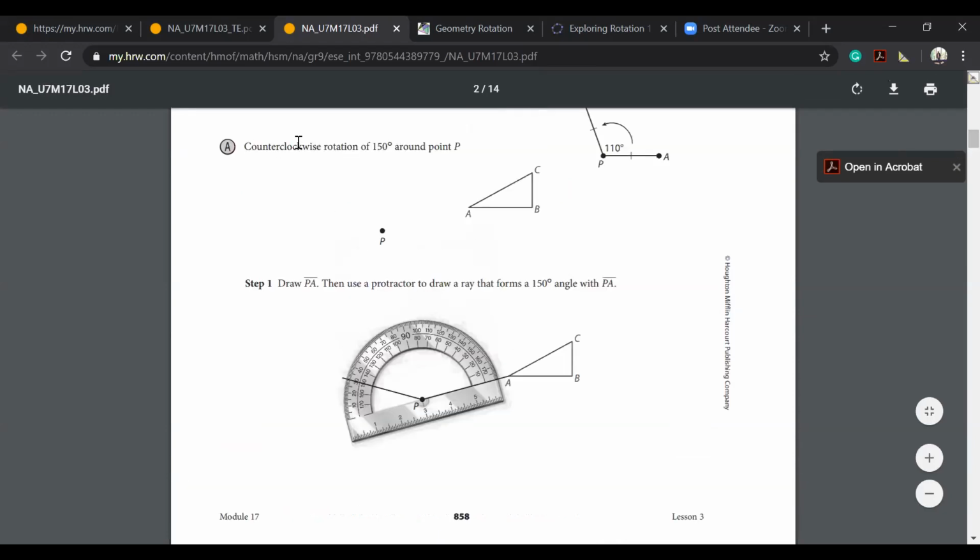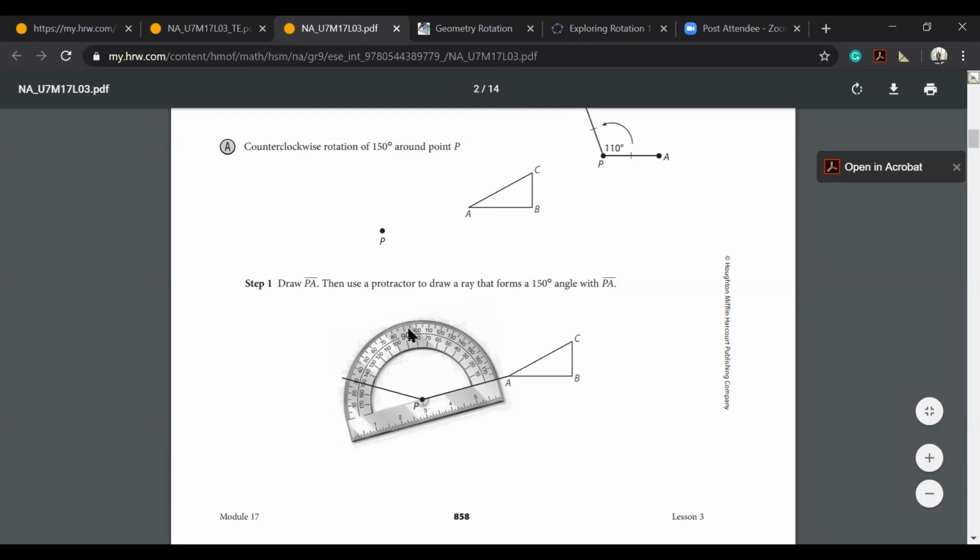The direction of your rotation is what? Counterclockwise. So I need to be moving in this way, which means my triangle should be here somewhere. Since it should be here somewhere, you will understand whether to put my protractor here or upside down.